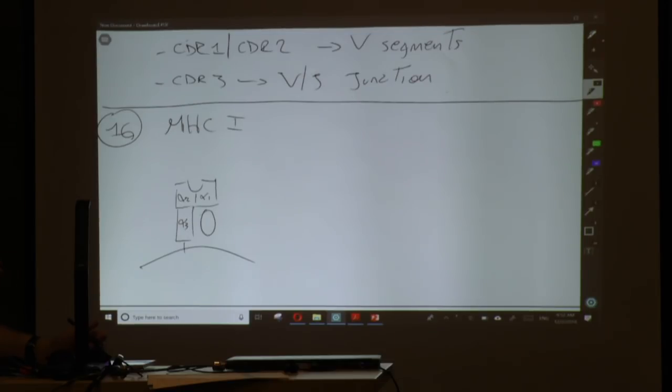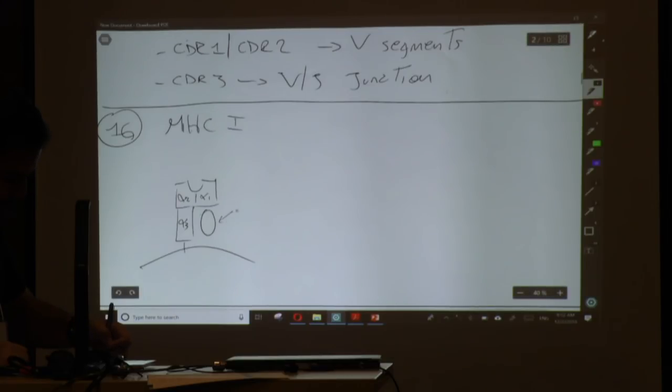So just know how to draw them, know each subunit, what you call them, and which specific subunit has the peptide binding part, and which one is the part that binds to the cell. I think those are helpful things to know, all right? And then this is the beta 2 microglobulin.